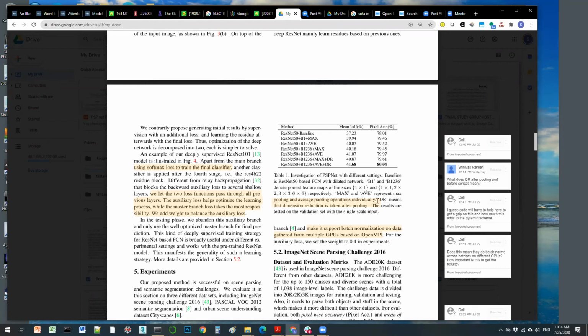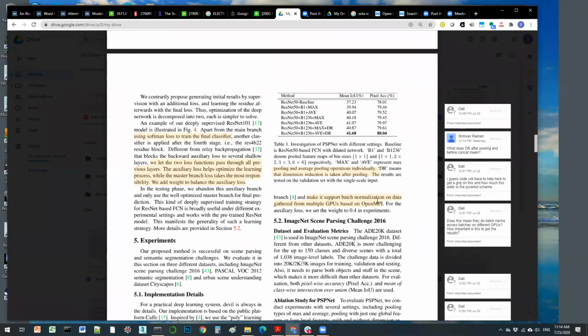They suddenly threw this term, and I'm like, don't do this to me. That sounds very familiar, but I can't remember. I was with you until the time you suddenly dropped DR without defining it on me. Reduction is taken after pooling the results. I was like, dang, what is that? You just lost me completely on that DR stuff.